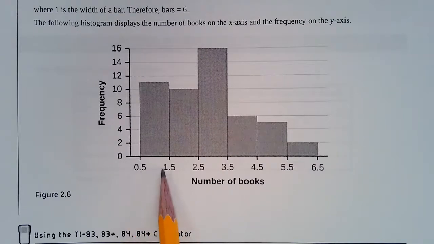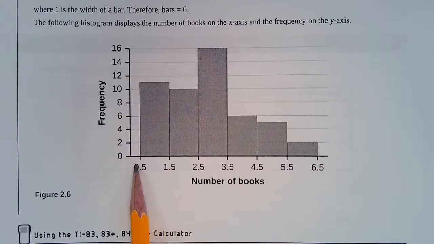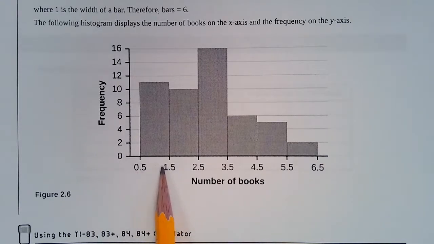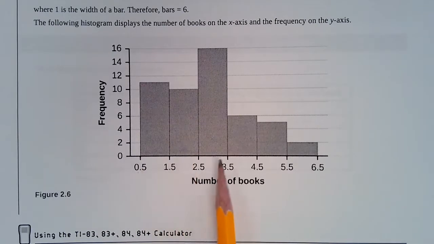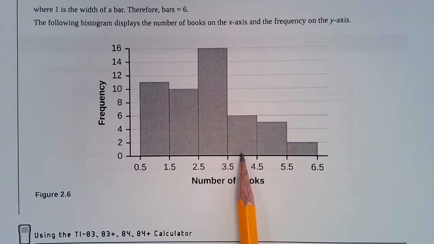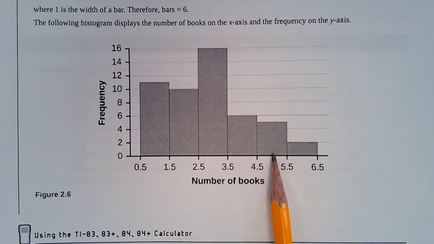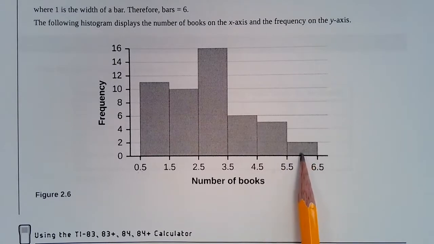We had 11 ones, and 1 is right in the middle of the width of our class. So we have 11 ones, 10 twos, 16 threes, 6 fours, 5 fives, and 2 sixes.